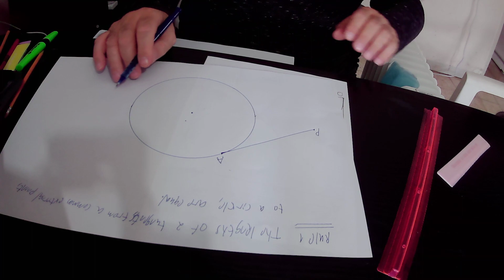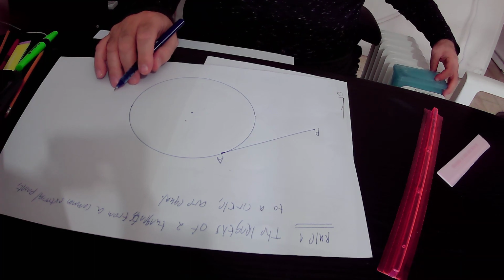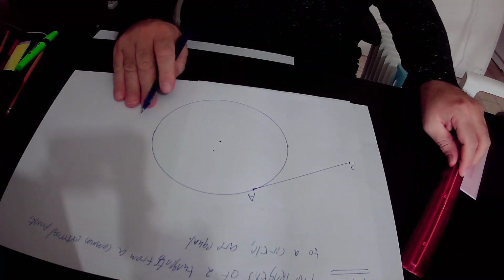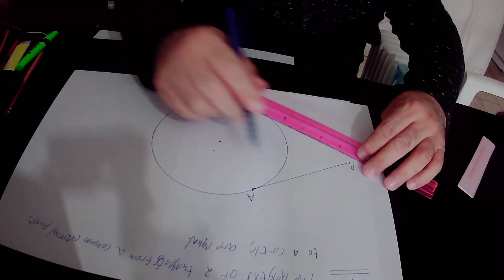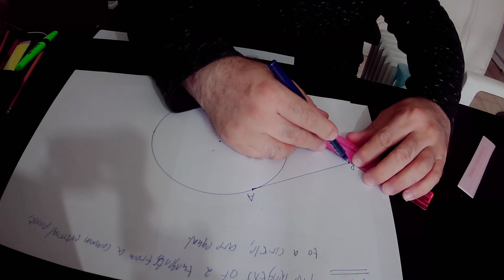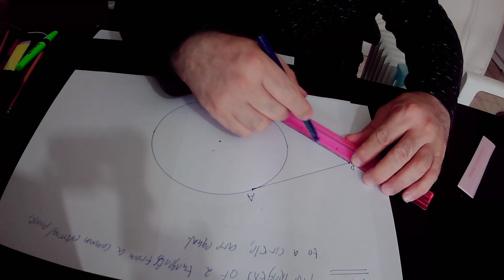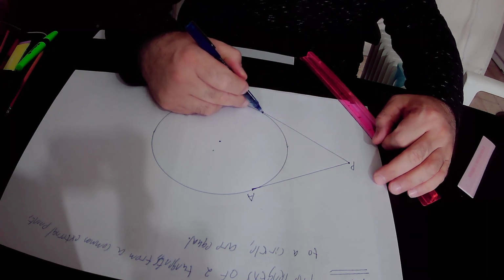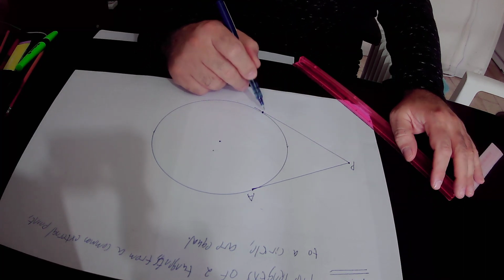Then we will draw the second tangent to this circle from point P, of course. So this is the second tangent.